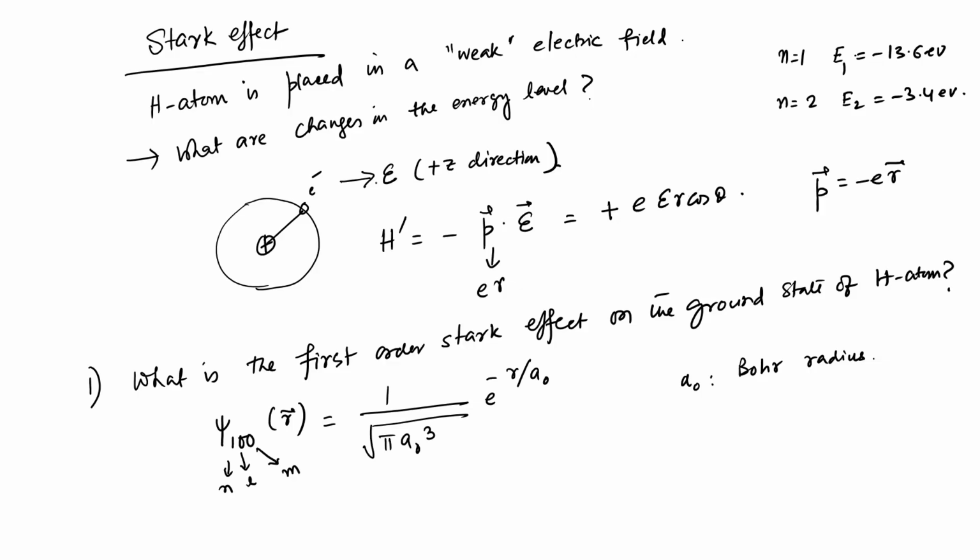You calculate P of r, that is the probability, by taking the mod square of this psi 100, take dP dr, put that equal to 0, and you will calculate r in terms of A0. r comes out as A0. Anyway, that is not the point that we are trying to make here.